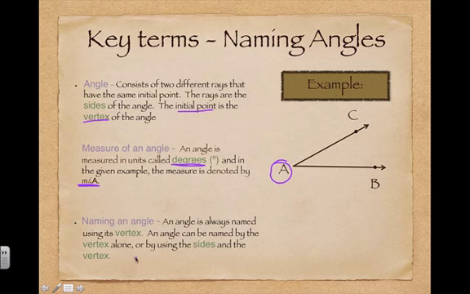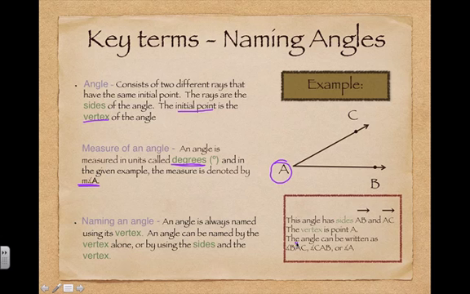So we have a couple of other names for this angle. We can write this angle as angle BAC, as we see right here. So we would start with this point on the ray, B, and then our vertex, A, and then the third point on the second ray, C. Or we could go in the other direction and name it as angle CAB.